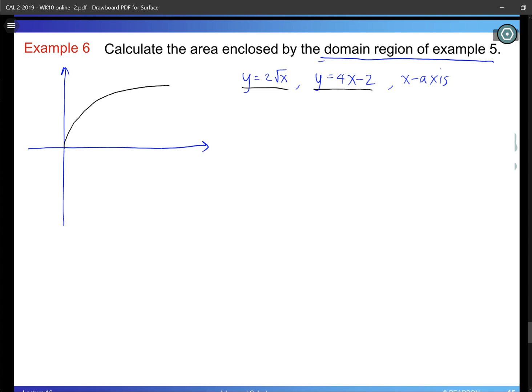And as you can see, this is a straight line with a slope of 4, crosses the y-axis at minus 2. Before that, let me put the y-axis and x-axis here. Okay, crosses y-axis at minus 2, maybe around here. And this graph is supposed to be quite steep because of the slope of 4. So it should be something like that.